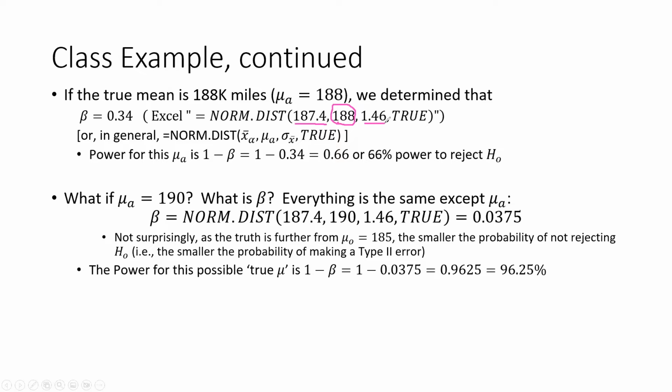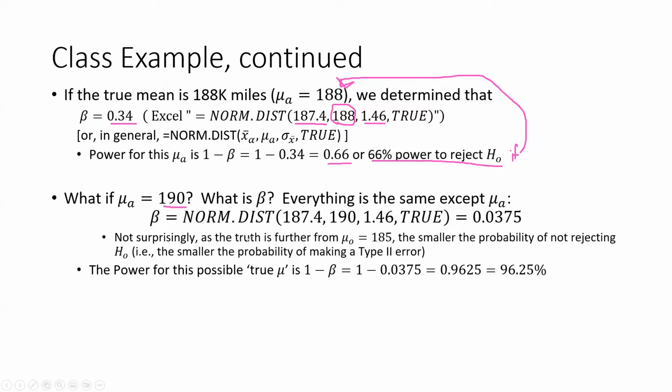The 1.46 we are assuming we know right now, and we always put true in this function to give us the cumulative distribution, the area under the curve up to the value 187.4 from the left. And when we put this in, we get 0.34. And the power then is 1 minus beta, or 0.66, or around 66% power to reject H naught if the truth is 188. So we have 66% power and it depends on this value being the truth.